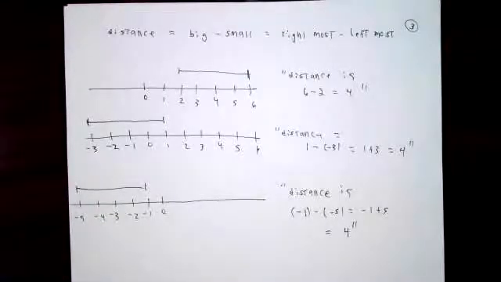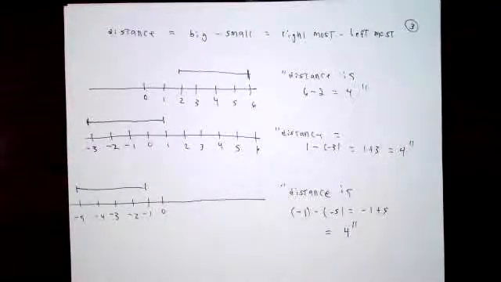If you have two numbers on a number line, then the distance along that number line is the bigger number minus the smaller number. If the number line is horizontal like it usually is, that's just going to mean the bigger number minus the smaller number.